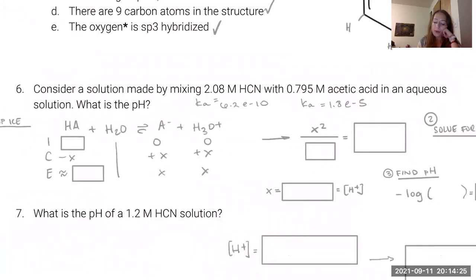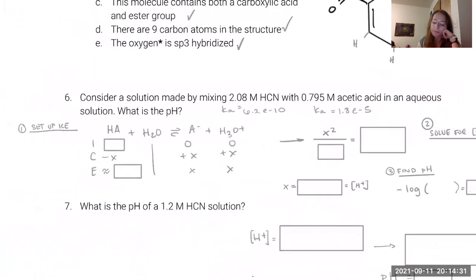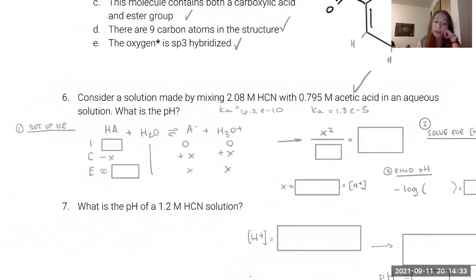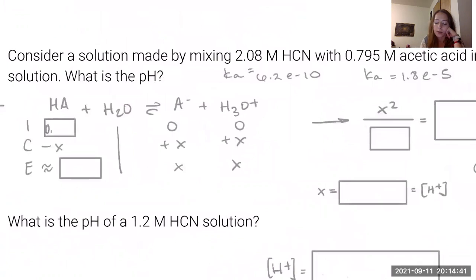Okay, so then we're going to find the pH. The first thing we decide is that we want acetic acid. Now this is going to be a weak acid calculation. First thing we want to do is set up that ICE table. So we're going to do 0.795 molar acetic acid minus X, which equals approximately the same number.